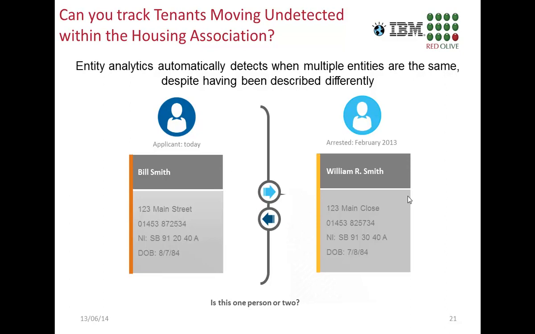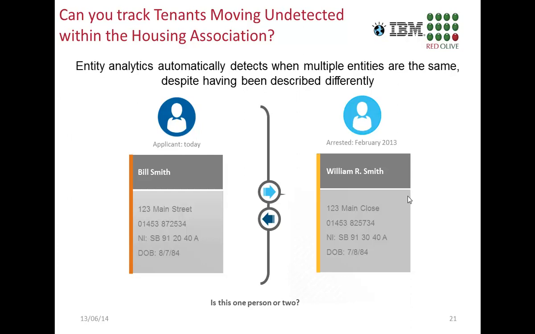Thank you, Jefferson. So back to what I was talking about earlier, the three pillars: customer analytics, operational analytics, and threat and fraud analytics. This is really on that threat and fraud analytics side of things. So, entity analytics.